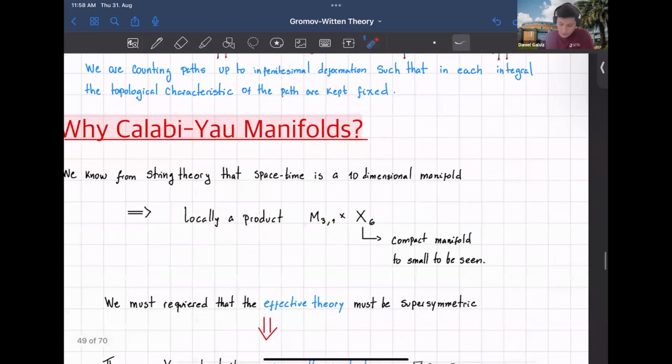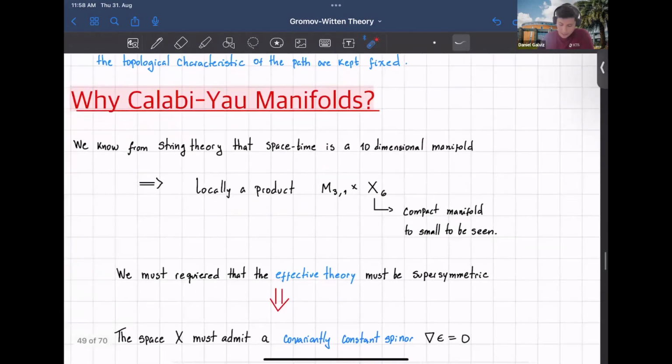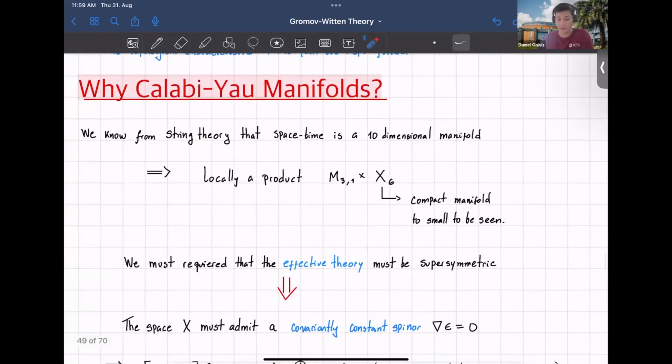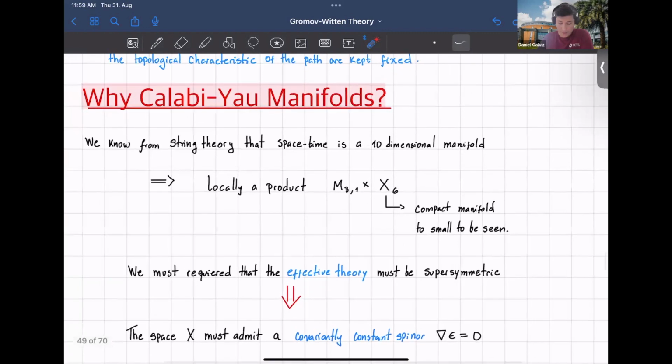So in order to be supersymmetric, this creates a physical constraint, a physical motivation: the ambient space X must admit a covariantly constant spinor. A covariantly constant spinor is one where applying the covariant derivative to the spinor gives 0, because it's invariant.